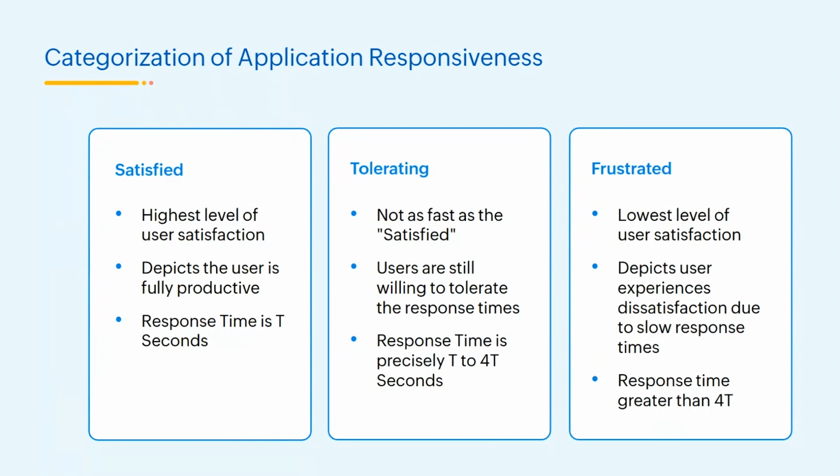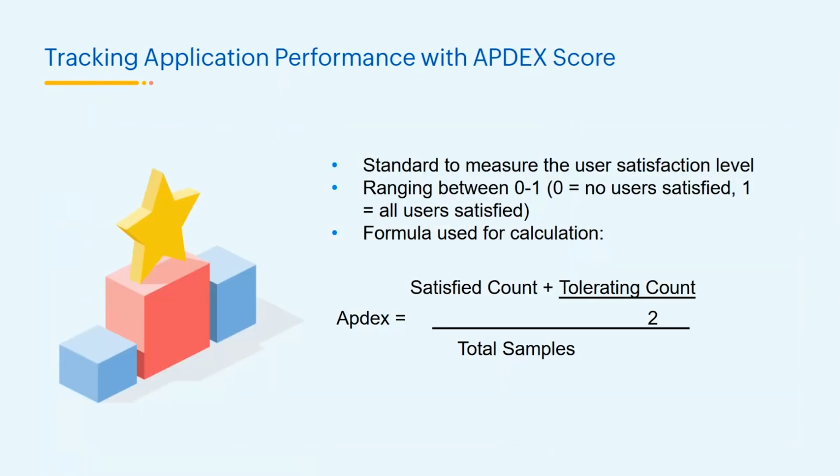So this category represents the lowest level of user experience where the application's response time is below the tolerating threshold. Users in this category are more likely to be frustrated with the application's performance as it does not meet the expectation. So, checking the application performance with the AppDex score, very important.